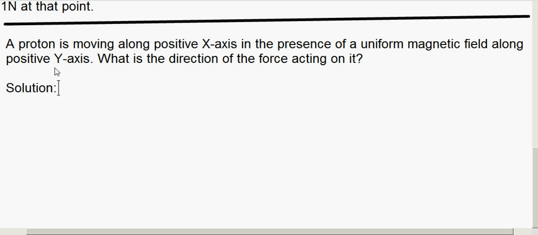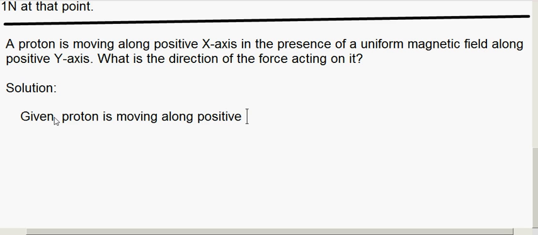Now we know that when a charged particle is moving in the presence of a magnetic field, it experiences a force. Now here given the proton is moving along positive x-axis.